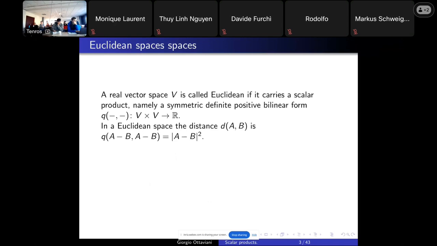Now when you have this form, you can take the norm, which is the square root of the scalar product, and this norm squared is a distance, with a slight abuse of notation. Of course, the distance is the square root of this.